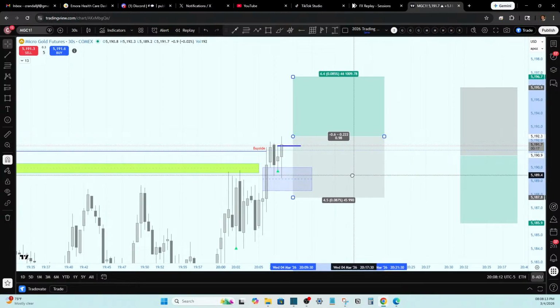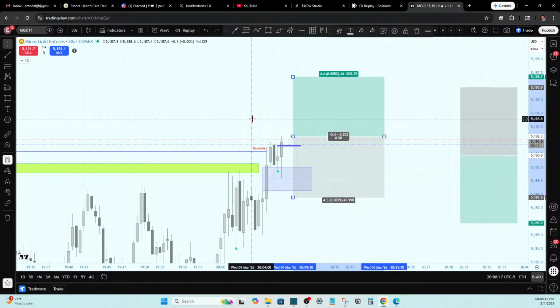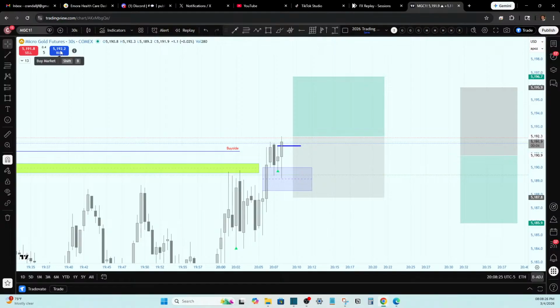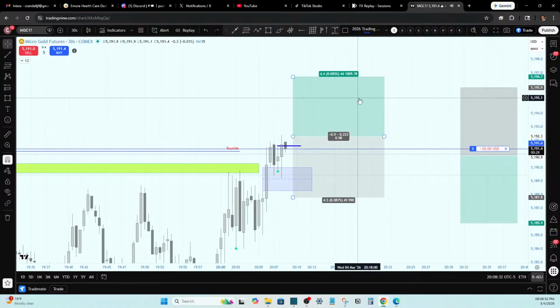Here we go. This could be a trade. Going long. Wait for candle close. 4, 3, 2, 1. Ooh. I'm going to go ahead and enter anyway.